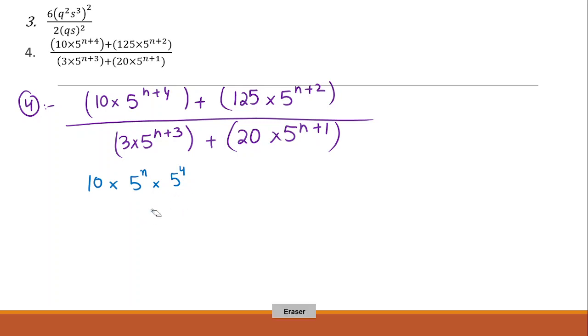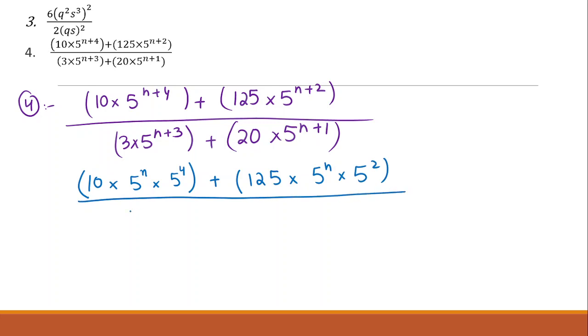Similarly, 125 multiplied by 5 to the power n multiplied by 5 to the power 2, divided by 3 multiplied by 5 to the power n multiplied by 5 to the power 3, plus 20 multiplied by 5 to the power n multiplied by 5 to the power 1, which is basically 5.